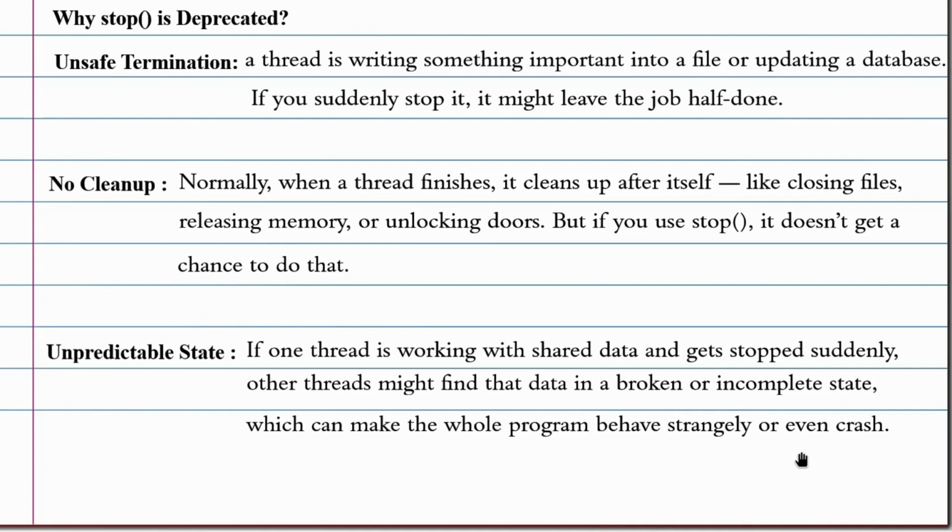Because T1 is sharing the data with T2 and T3, it might be risky, so the threads will not get the data. This is the incomplete state which can crash the program as well.